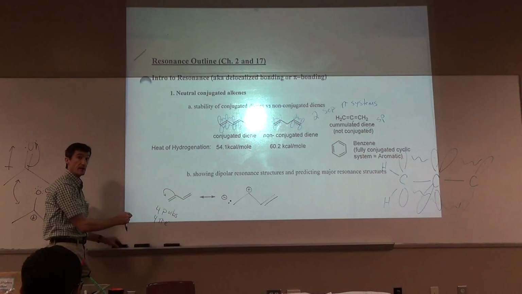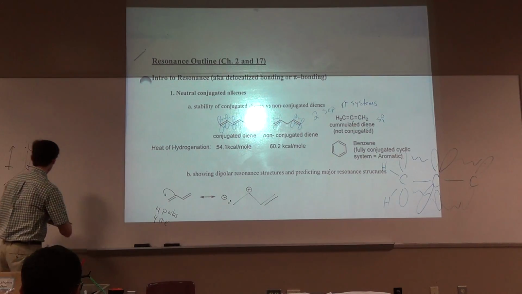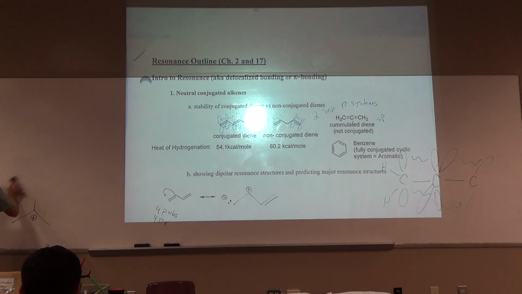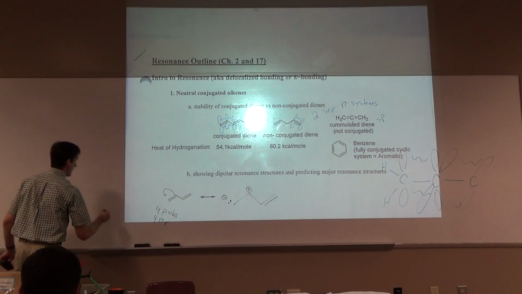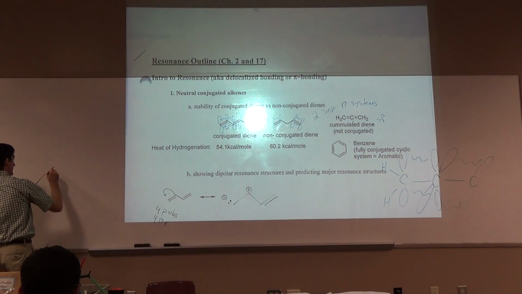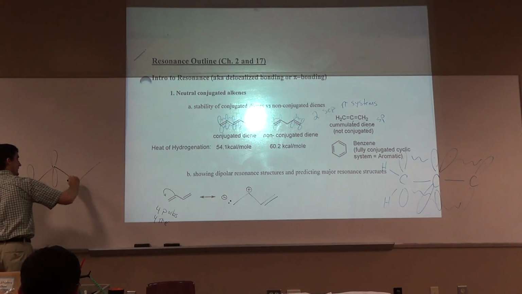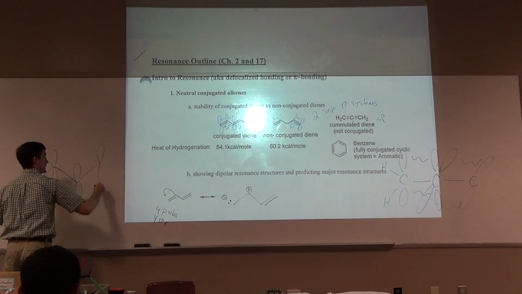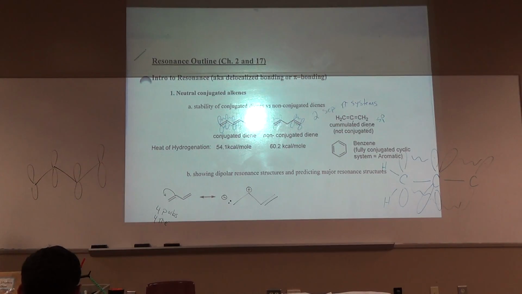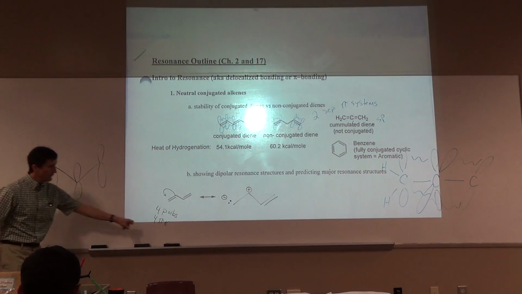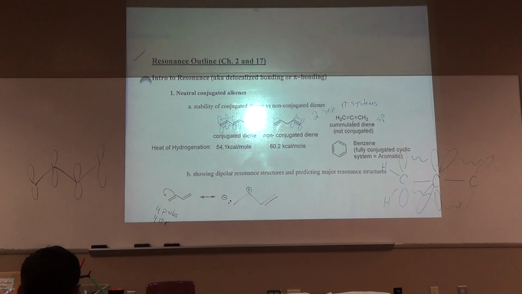How many electrons in the pi system? Now, theoretically, you can do this. P orbital, p orbital, p orbital, p orbital. They're there. There's your 4 p orbitals, 4 pi electrons. Put them in the p orbitals any way you'd like.